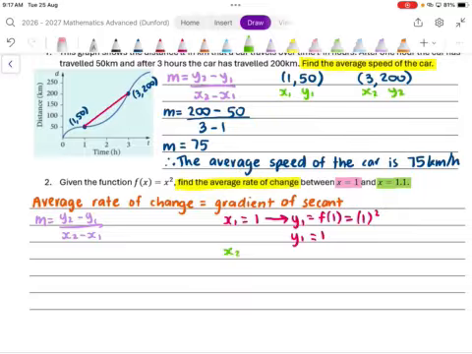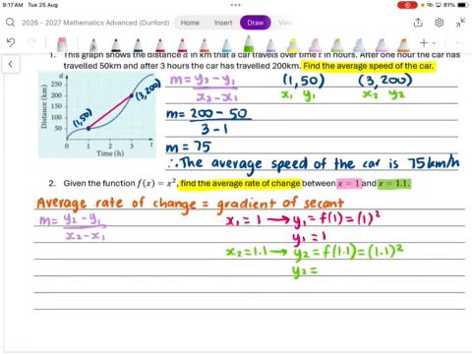And then we've been given our second x value, x2, which is equal to 1.1. So to get y2, it will be f of 1.1, which is equal to 1.1 squared. So y2 is equal to 1.21, because 1.1 squared is 1.21.